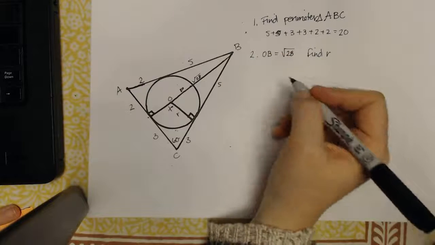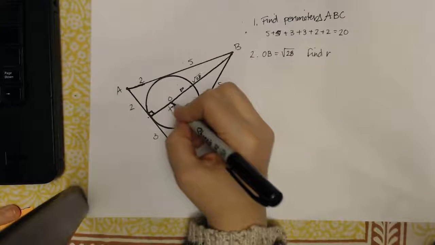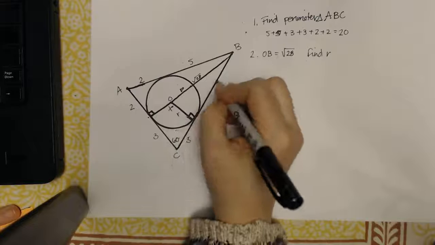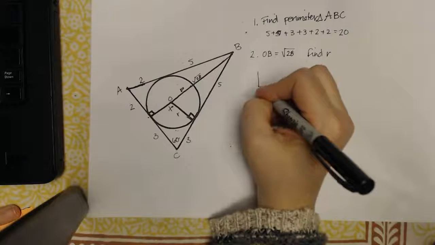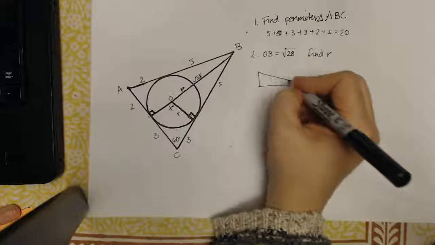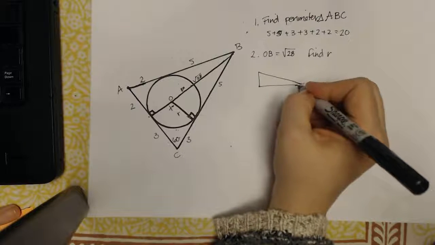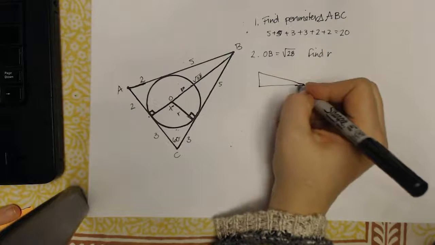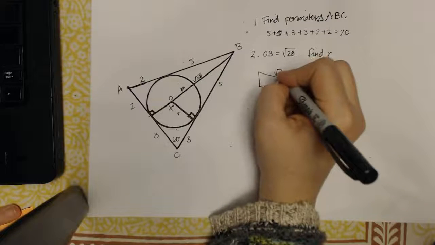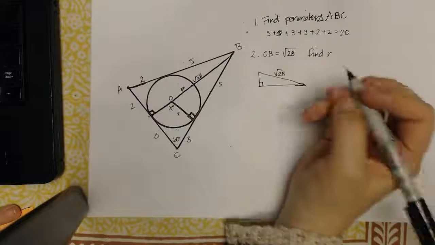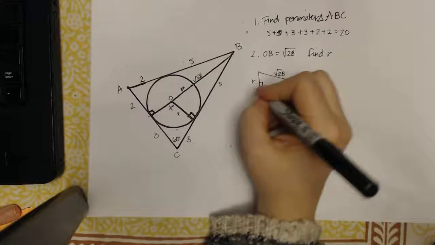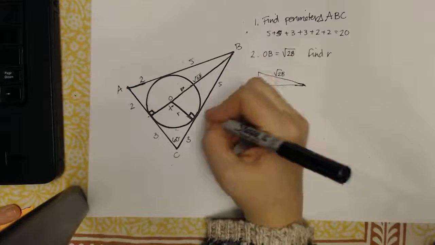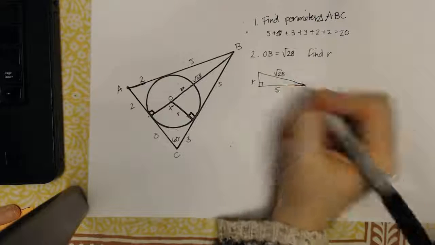When I'm looking at this, I can now see that I have a right triangle here. If I redraw this right triangle, the hypotenuse, oh that's a sad triangle, is the square root of 28. It is a right triangle. One leg is R, and the other, because of this tangent here, we know is 5.